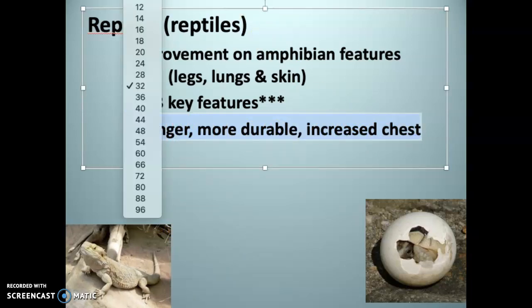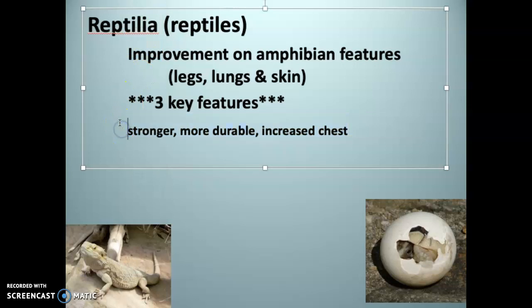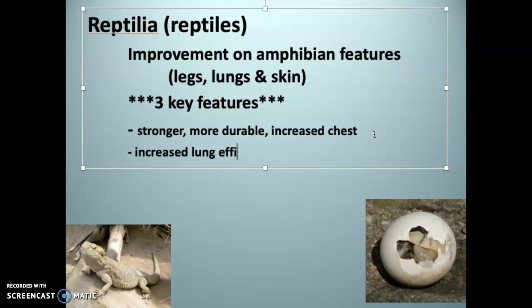So that means if you change the shape of your chest, now there's more space in there. Increasing the chest space changes the lungs. So now you can breathe better. You can bring in more oxygen through your lungs because they're bigger, they're stronger, they're more efficient.